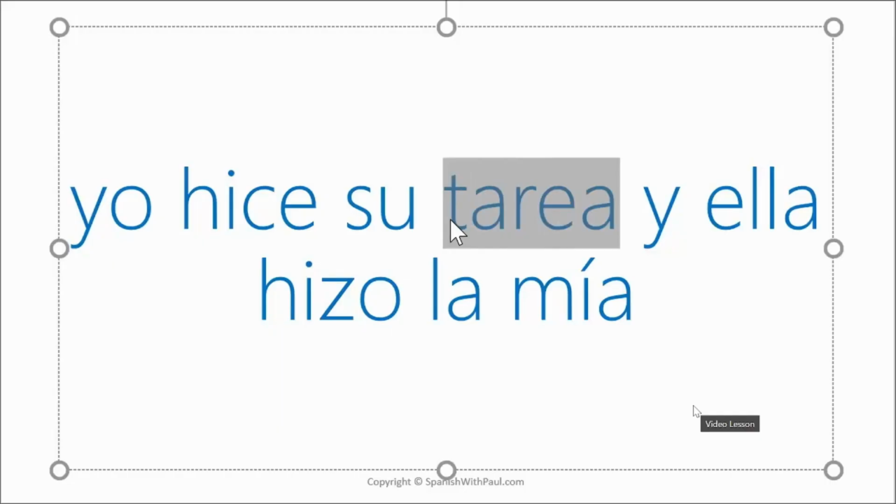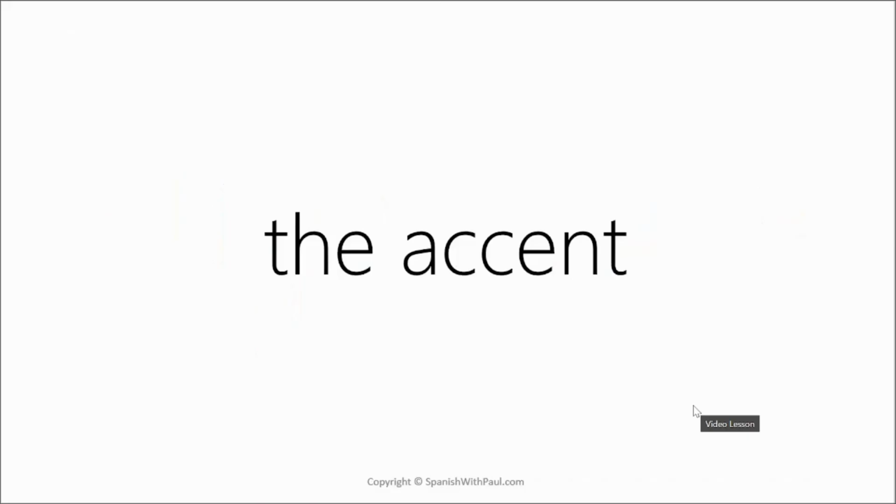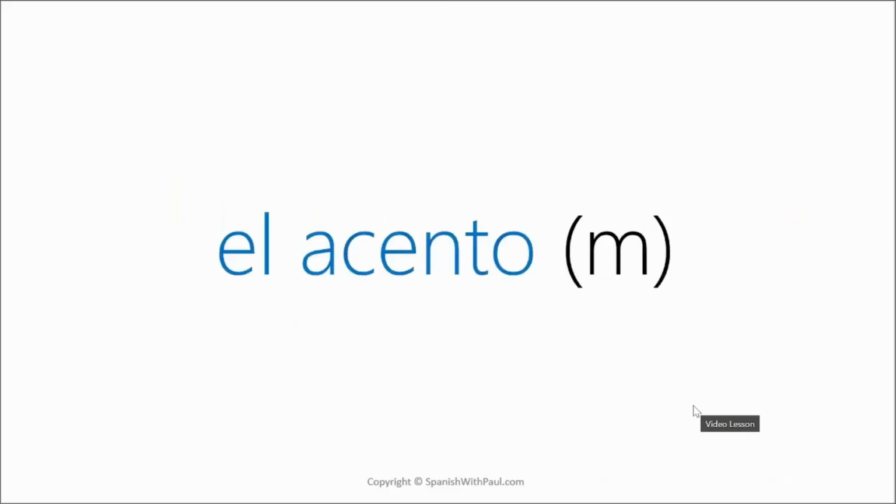This is the key thing to remember about correctly choosing possessive pronouns in Spanish. You will always refer back and be guided by the noun you are referring to. Another example could be with, say, the accent. This in Spanish is el acento. And of course, this is a masculine noun.